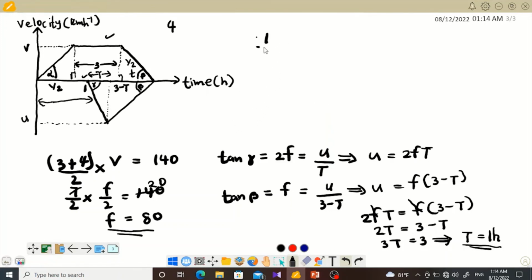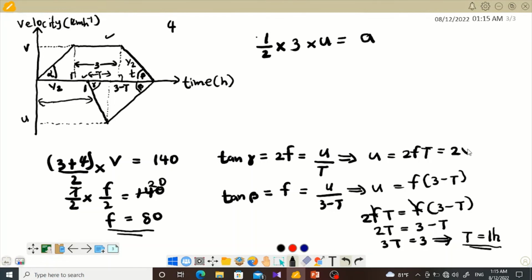half into base. The base, we know, is 3 hours, this triangle I am considering 3 hours, and the perpendicular distance equals u. Right. We can get the value for u using this. I am using this one.